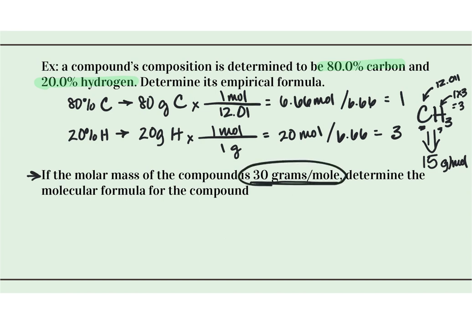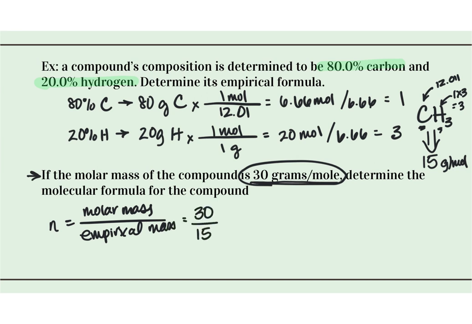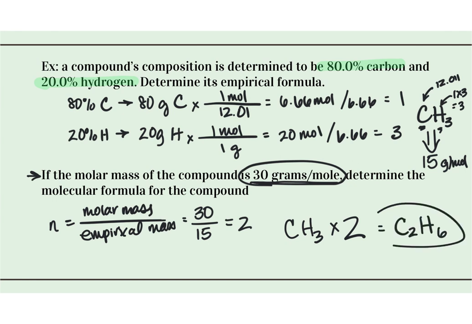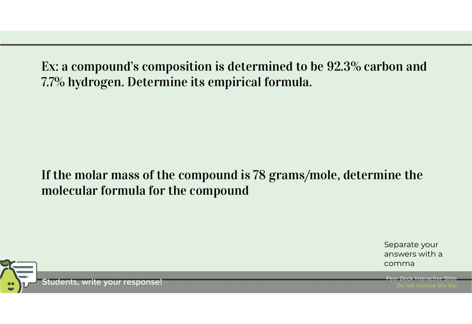So what that means is I need to figure out what N is. And N is the molar mass divided by the empirical mass. So for this, 30 divided by 15 equals 2. So I need to multiply my empirical formula times 2. C2H6.